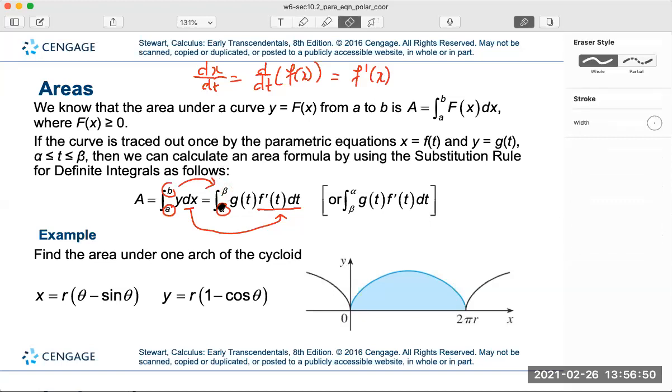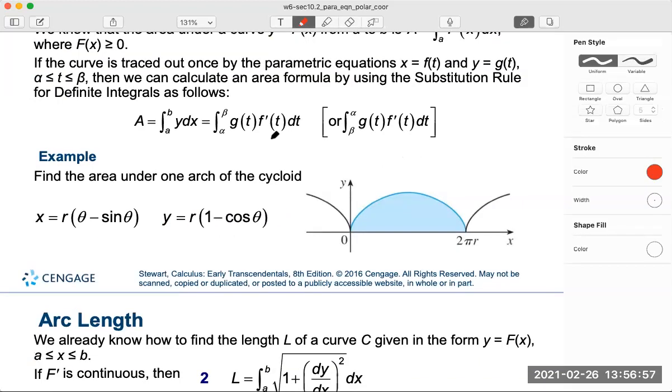That is why we have this formula, okay? Or if the curve is negative, because we know area is always positive, it could be from beta to alpha. But the terms here will be the same.